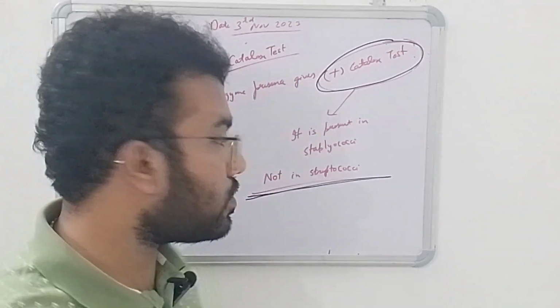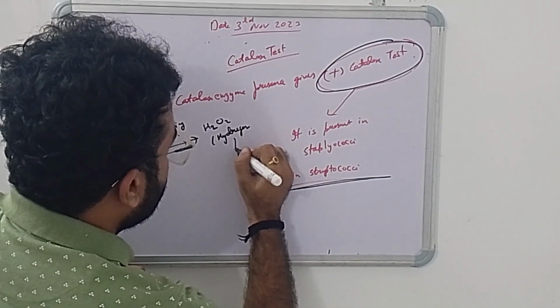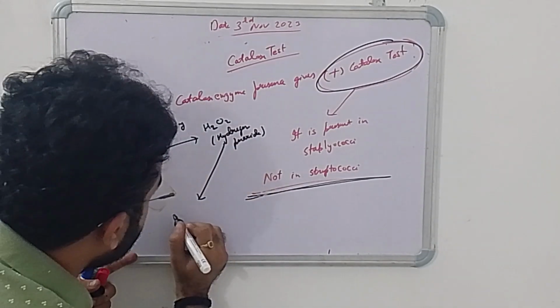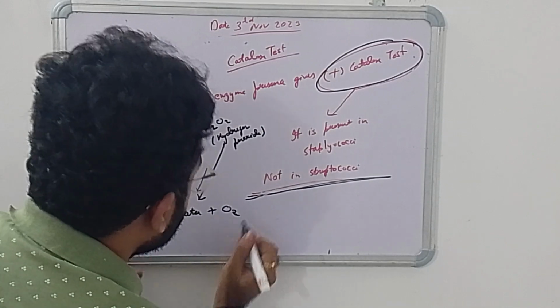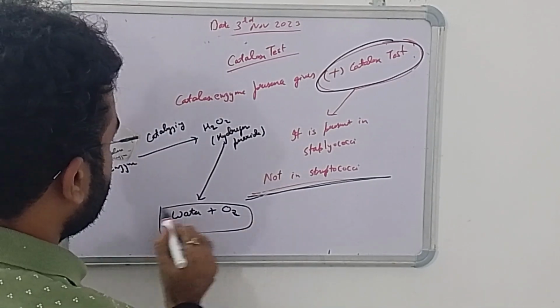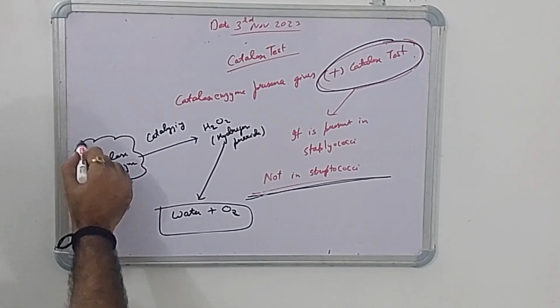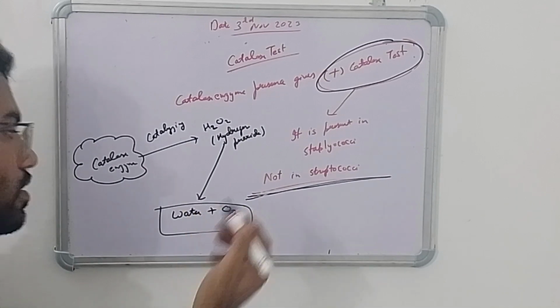It's hydrogen peroxide. So hydrogen peroxide will be broken down into water plus oxygen. So the catalase enzyme will catalyze the H2O2, that is hydrogen peroxide, into water plus O2.